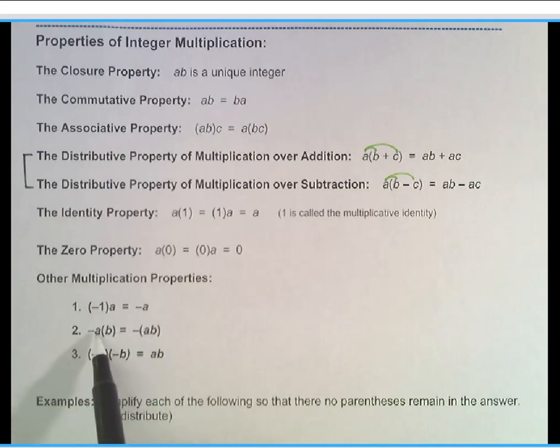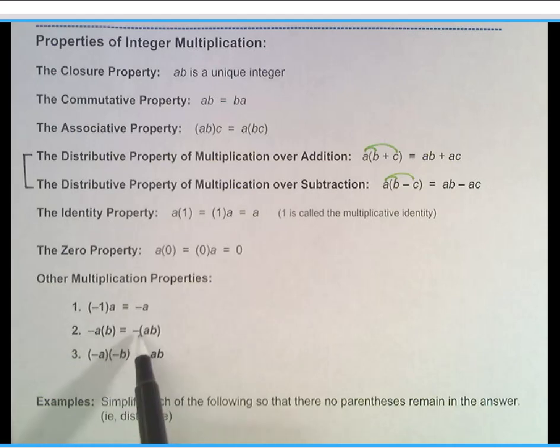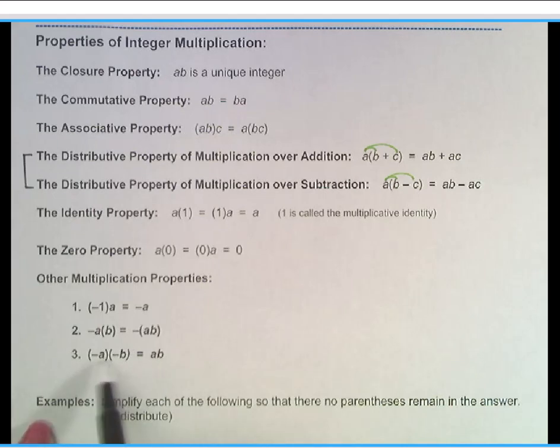So negative A times B is negative A times B. As long as the negative is in there, it could be out in the front or it could be in the parentheses or outside of the parentheses. As long as it's in there once, it's the same thing. And then this one says, if you take a negative A times a negative B, the answer is actually positive. This is reminding you that two negatives, when you multiply, make a positive.